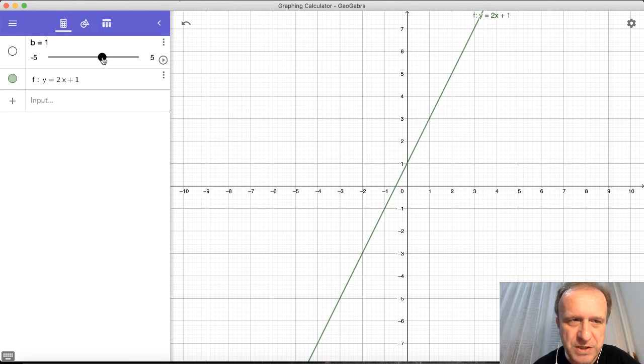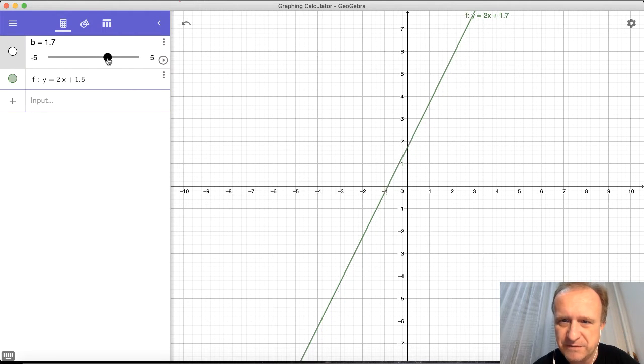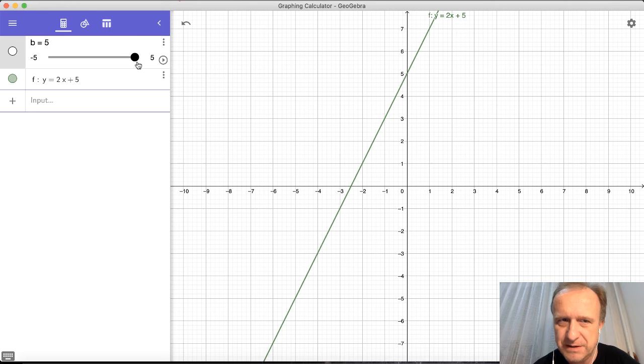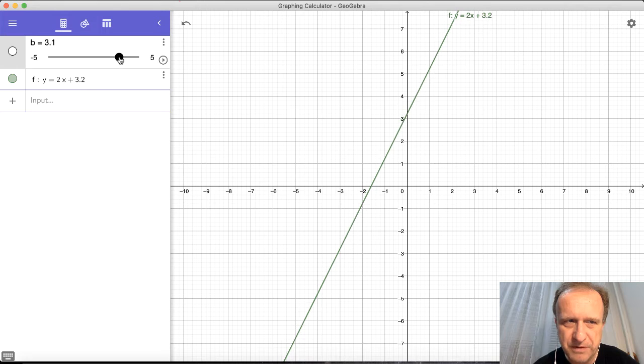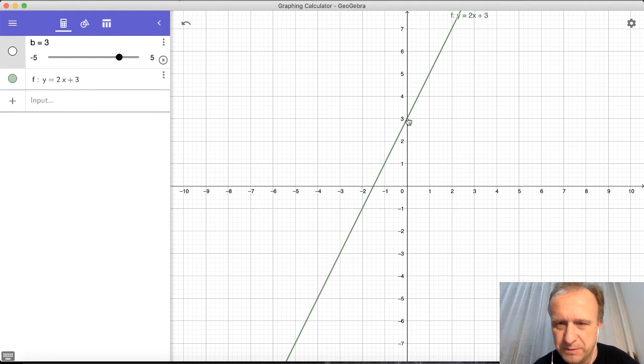Now, when you change the slider, for example, increase the value of b, you can see that the entire line moves. For example, now when b is 5, it is passing through this value 5 at the vertical axis, through this point 5 here. Okay, if b is decreased, for example, to number 3, the line passes through the point with coordinates 0 and 3.